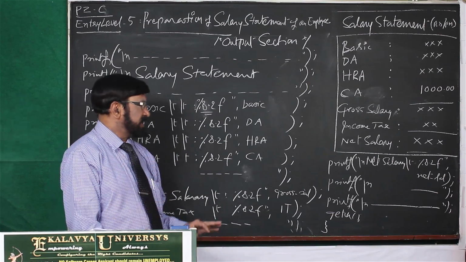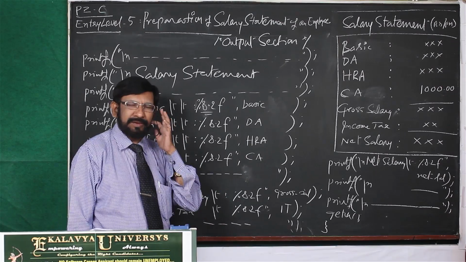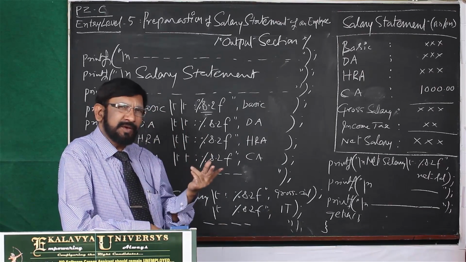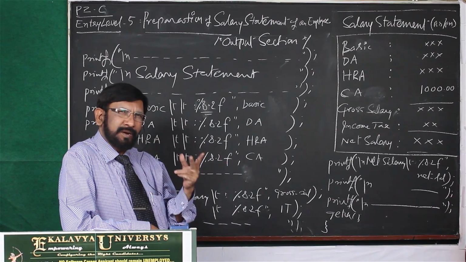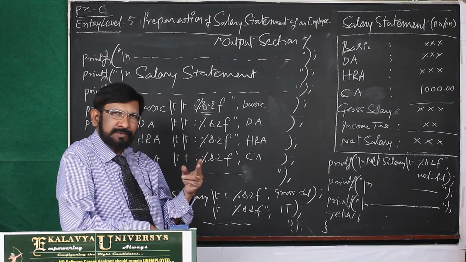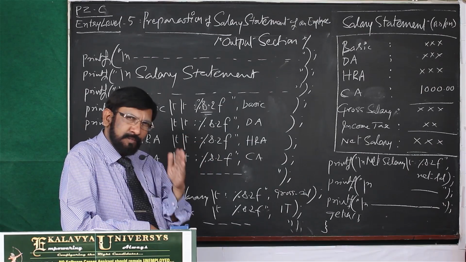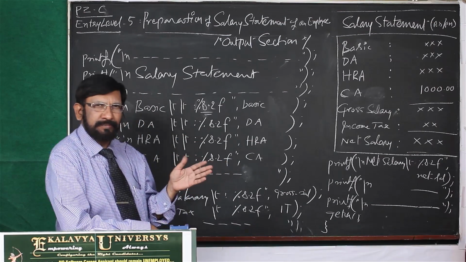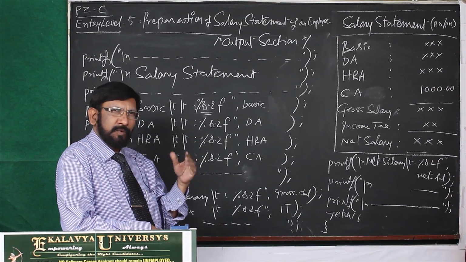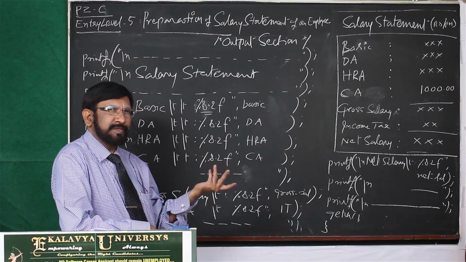Here, in testing, how do you have to test? Actually, how many categories of employees are there? Hardly 2 categories. The first type are employees drawing 15,000 or more gross salary. The second type are employees getting less than 15,000.